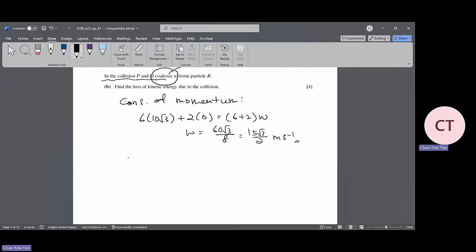Okay, so this is the first part. Then after that, we want to find the KE loss. So the total KE loss is equal to the KE at the very beginning. At the very beginning, you only have the mass of P, and the V is 10√3.